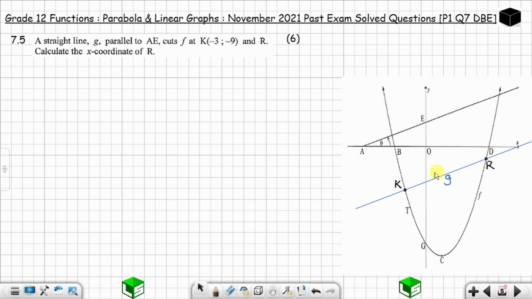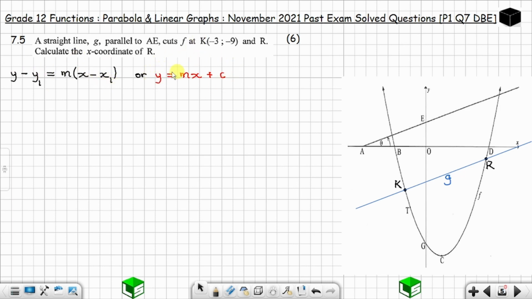Okay, first of all, let's get the equation of the line G. To find the equation of the line G, you are going to use this equation. You can use this one or this one, right? The one in black or the one in red. So this is called a point slope form, and this is called a slope intercept form.